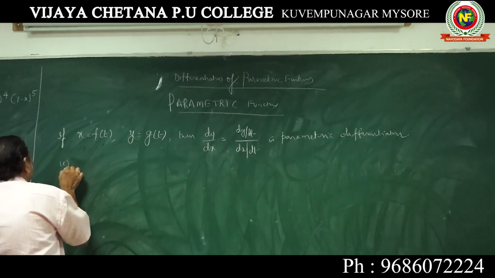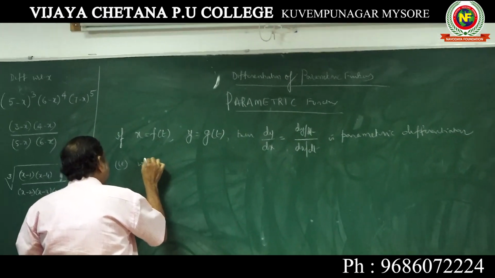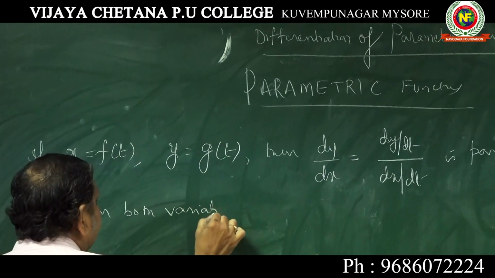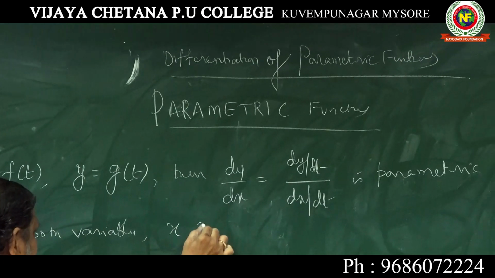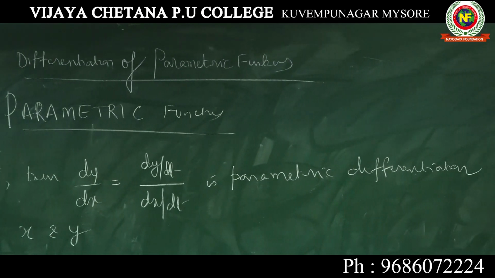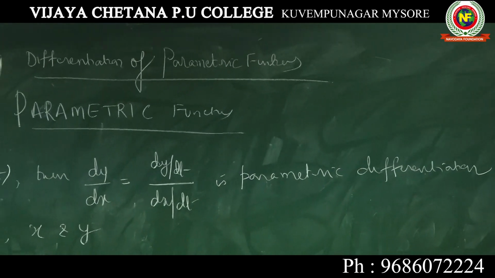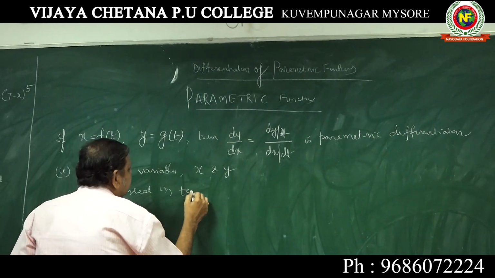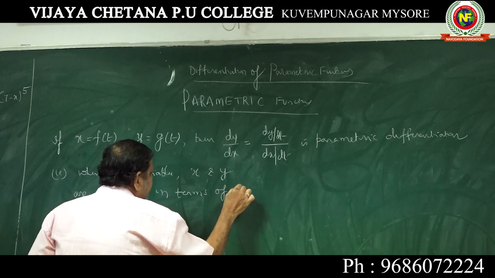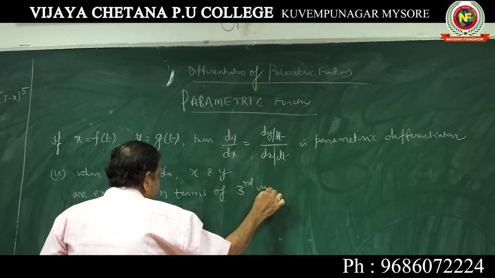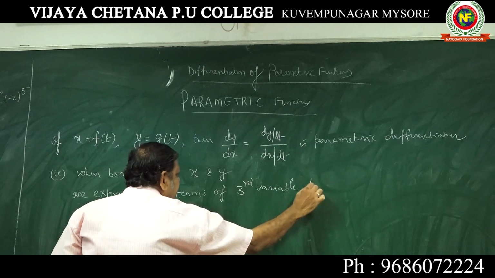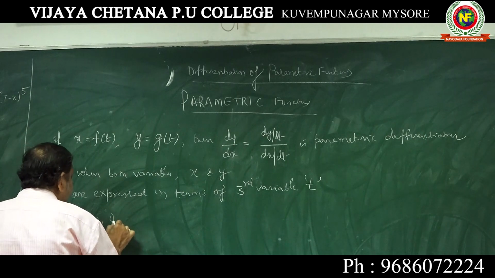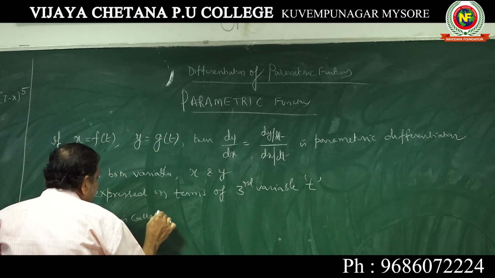That is, when both variables x and y are expressed in terms of a third variable t, then it is called a parametric function.